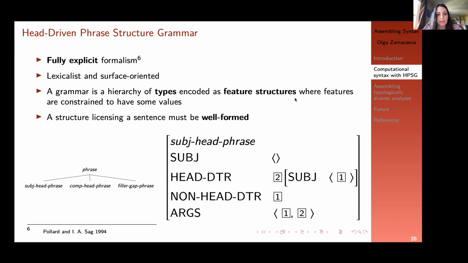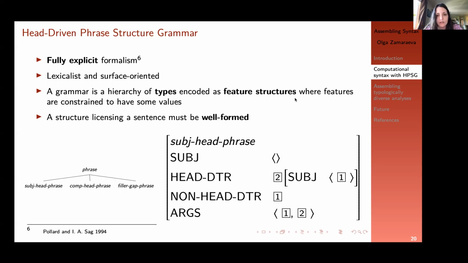Furthermore, this approach to human language is lexicalist and surface-oriented, which is to say that a lot of the information we assume is contained in the lexicon rather than in the phrase structure rules. And in addition, we like to avoid operations and concepts which cannot be easily mapped to the surface string, which makes HPSG an excellent choice for computational linguistics, for anything that you like to do on the computer.